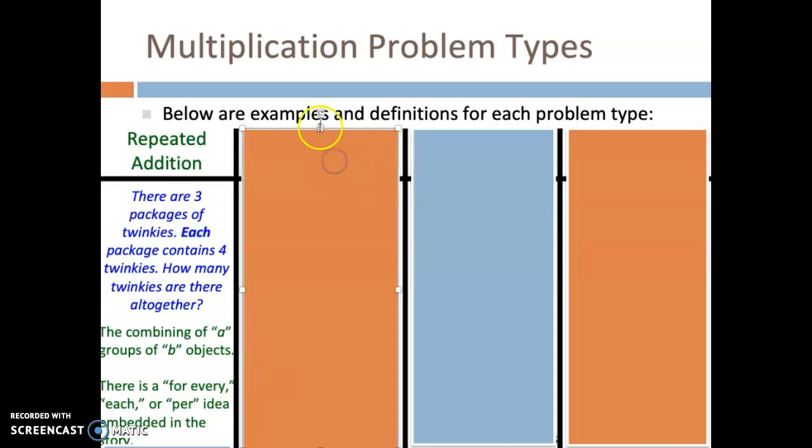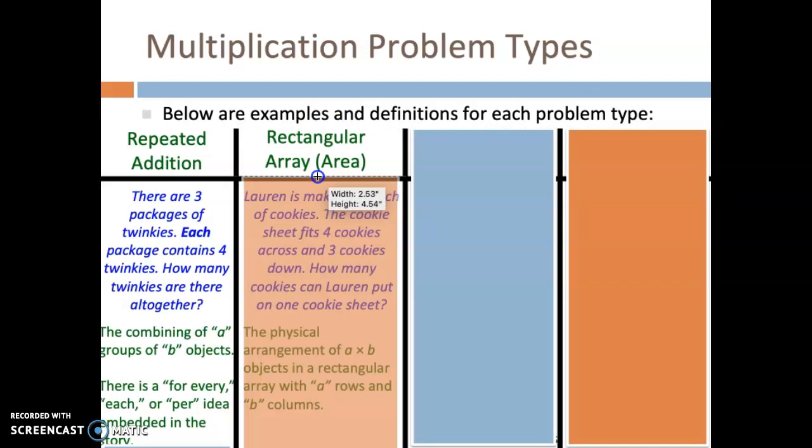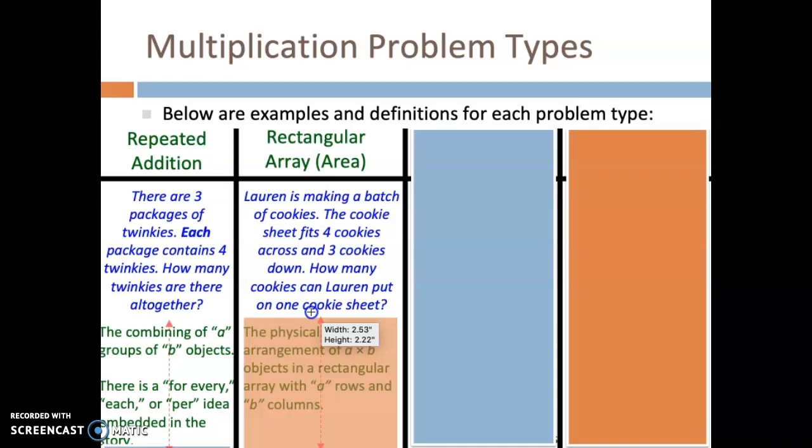Okay, let's look at the next one. The next one is rectangular array or area. Okay, so you'll be comfortable with this. We've done really well with area models. Okay, so now we're going to look at a multiplication problem. Lauren is making a batch of cookies. The cookie sheet fits 4 cookies across and 3 cookies down. How many cookies can Lauren put on one cookie sheet?